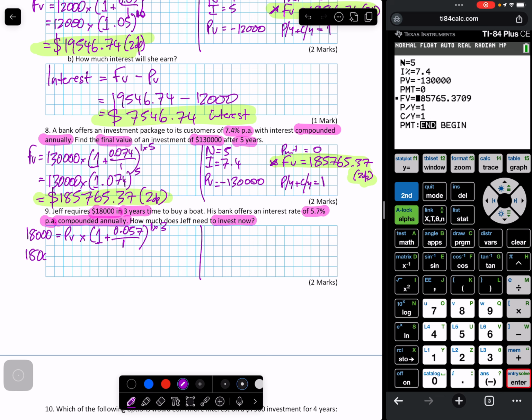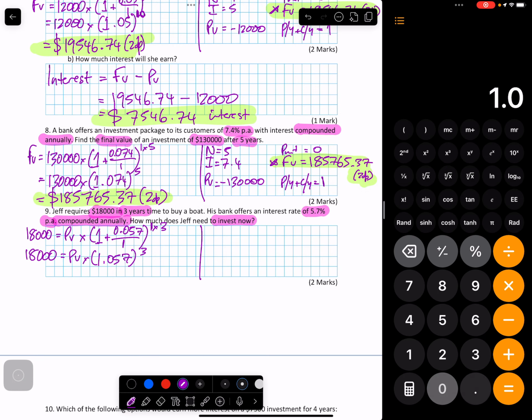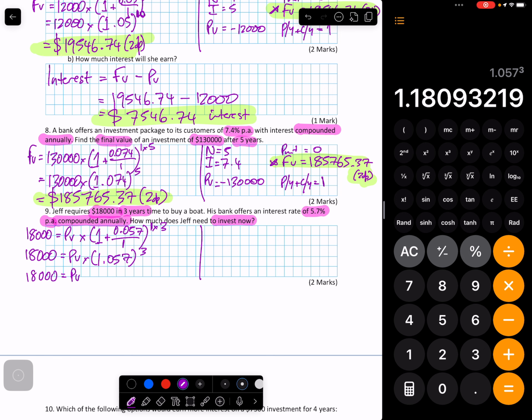Clean it up, equals PV times by 1.057 to the power of 3. Work out what 1.057 to the power of 3 is. It's a number, so it's 18,000 equals PV times by 1.18093219.